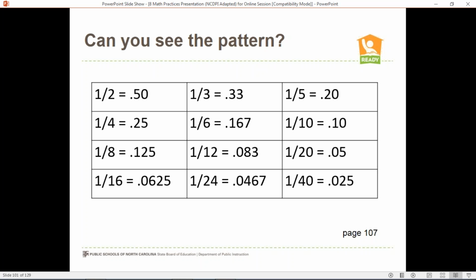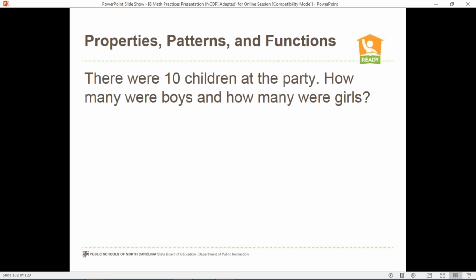So what is half of 33? Well, that's between 16 and 17, so it must be about 0.16 or something like that. So this whole standard is looking at structure, right, and looking at how that helps us make sense of problems.